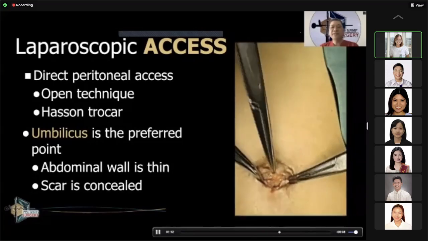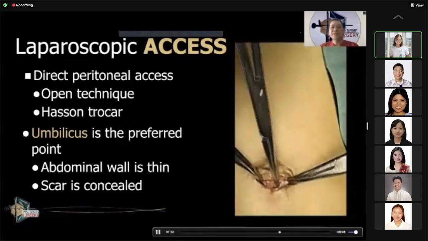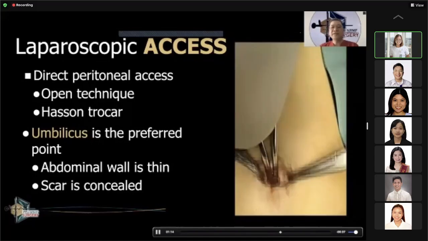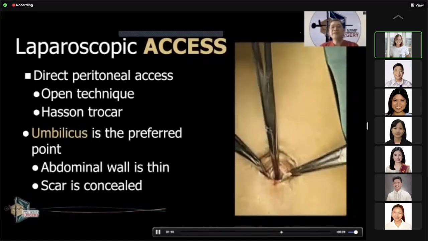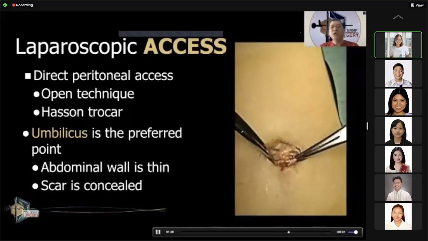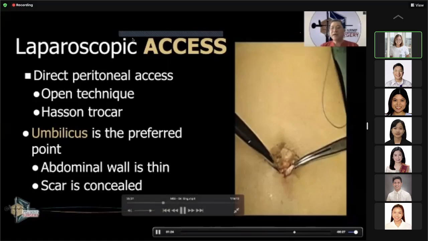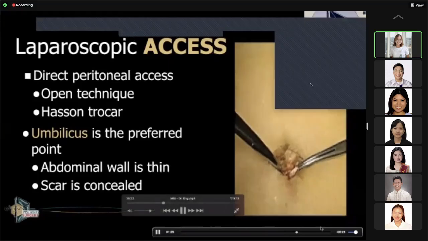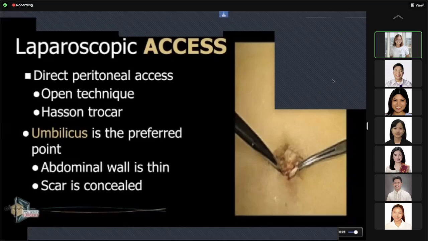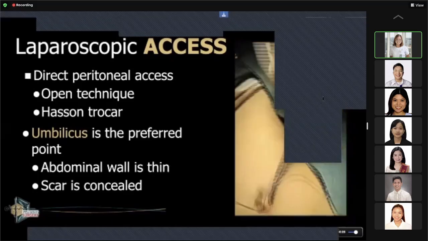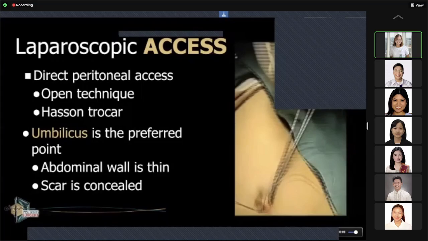As you can see, it's a direct visualization. You minimize the injuries that you can encounter in a closed or blind technique. Then you put the anchor and insert your trocar, the first trocar, in that incision. You call it the Hassan trocar.